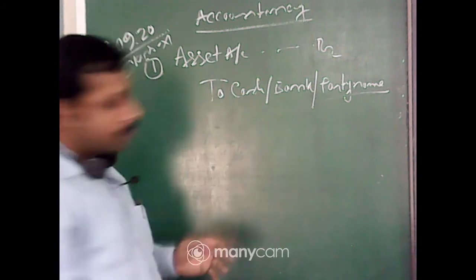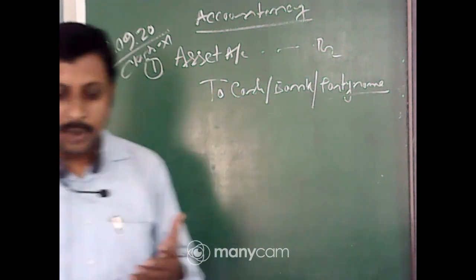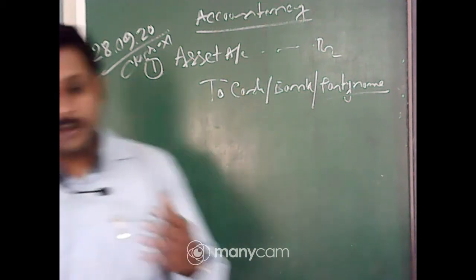Now, in the asset account, what would be the asset value? I discussed this last class. Not only the value of the asset, but also the transportation cost should be included.